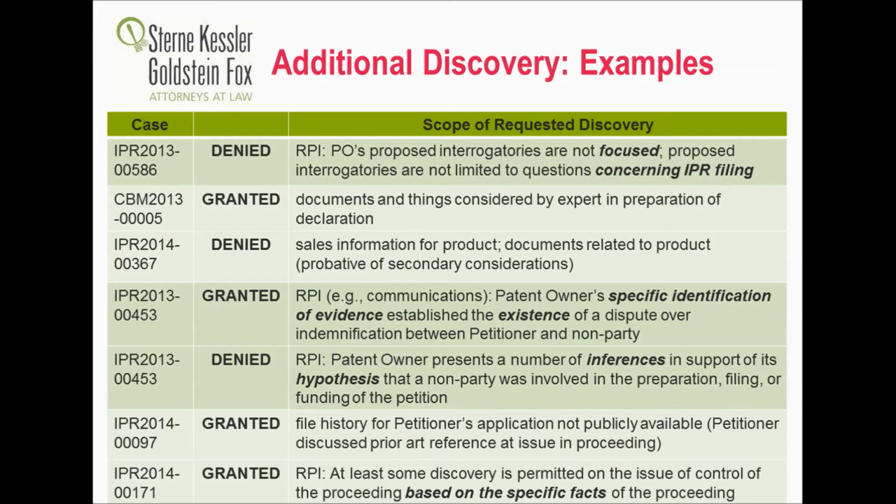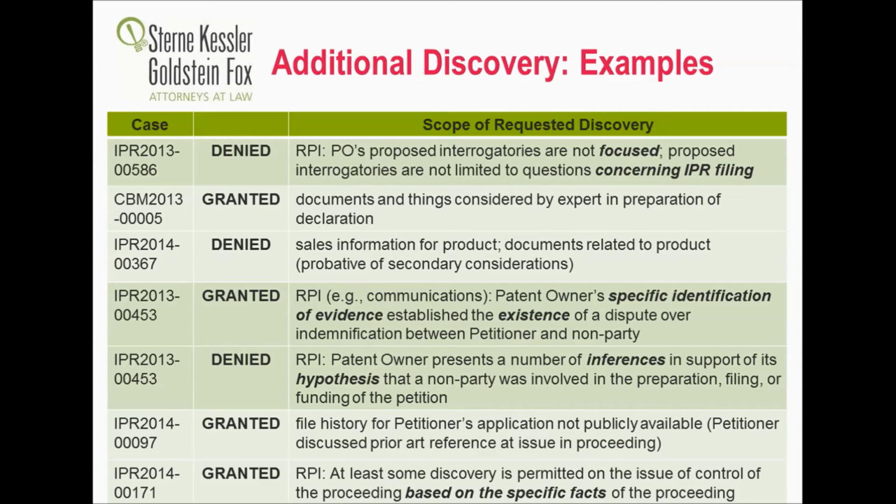So here are some examples of where additional discovery has been granted and denied. You see a lot of these, again, are real party in interest related and some secondary considerations. In the first case, the patent owner tried to ask for some interrogatories to get at who the real party in interest behind the petitions was.